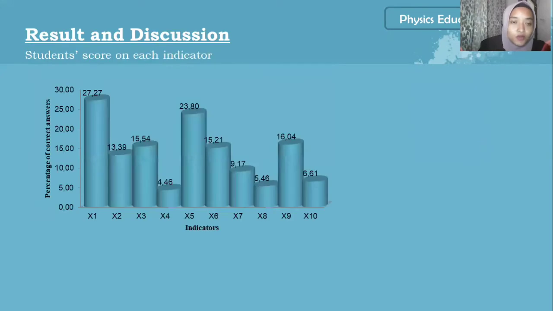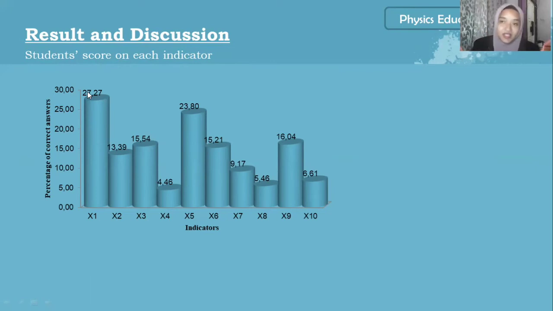Next, for student scores on each indicator, we use this figure. This is for indicators 1 to 10. In this figure, we know that indicator 1 has the most right answers from students.